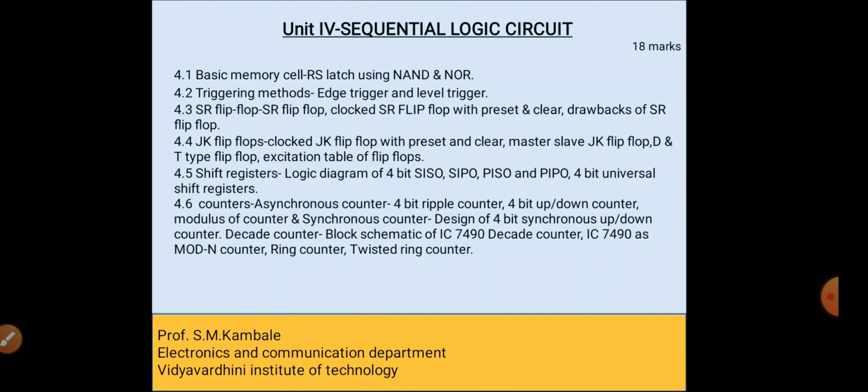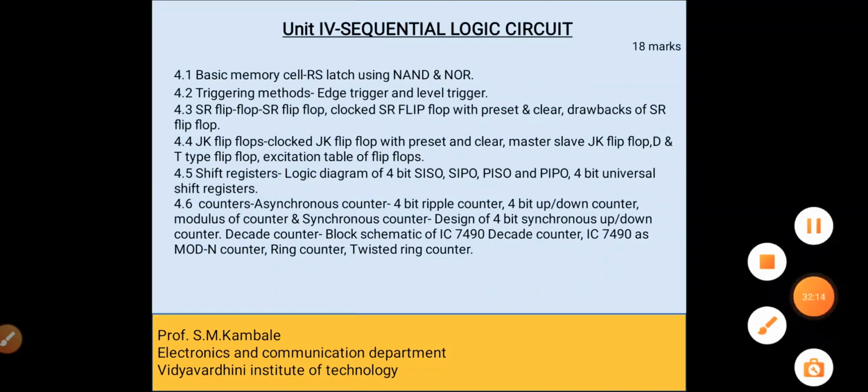In the asynchronous counter, the clock signal is given only to the first flip-flop, and the other flip-flops are left. There is no connection of the clock signal. So in the synchronous counter all the flip-flops work in a similar manner, but in the asynchronous counter they do not work in a similar manner. Okay, this is the whole of unit number 4, sequential logic circuits.